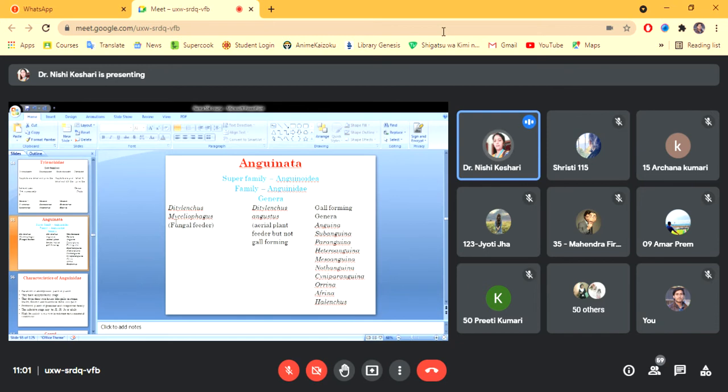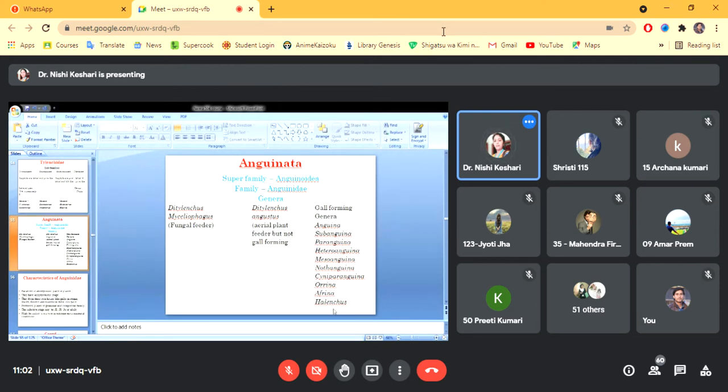It is a fungal feeder and feeds on mushroom, so it is a very destructive organism of mushroom.